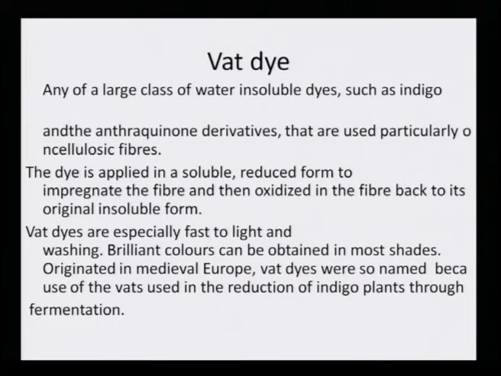So, it solubilizes for a while, gets into the fiber, and when the fabric is taken out, it is back to its insoluble form. That is how this beautiful Vat class of dyes is used in industry as well as in the laboratory, because if this oxidation, reduction and insolubility were not functioning accordingly, the Vat dye would not have been in use.